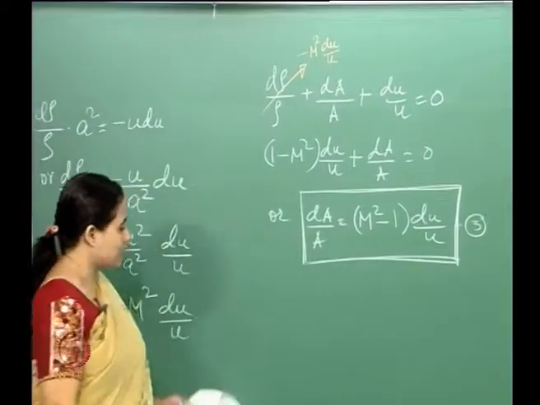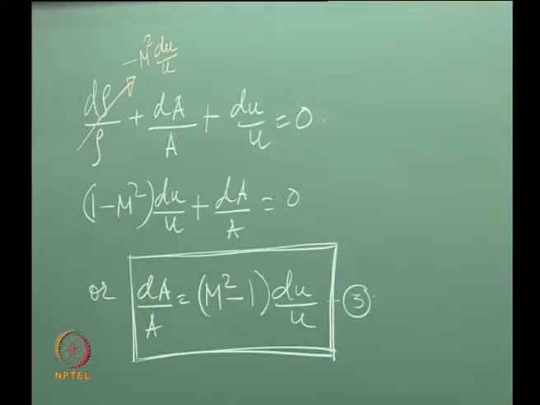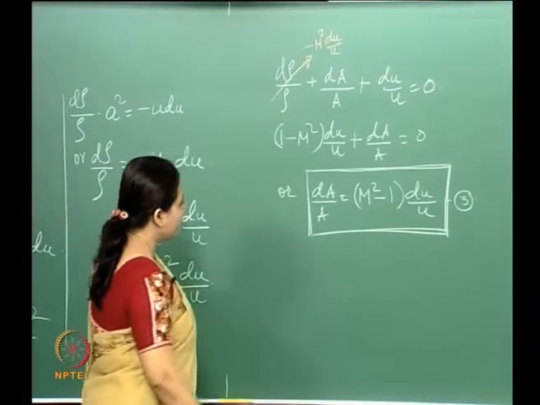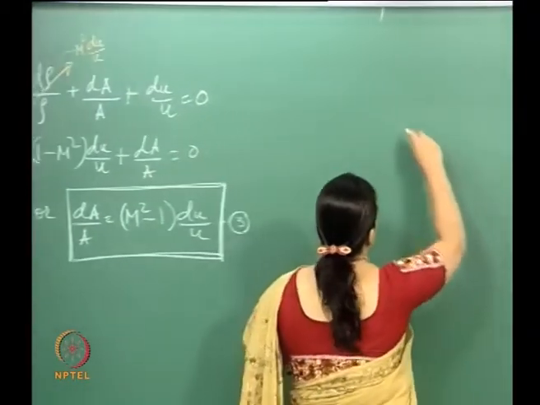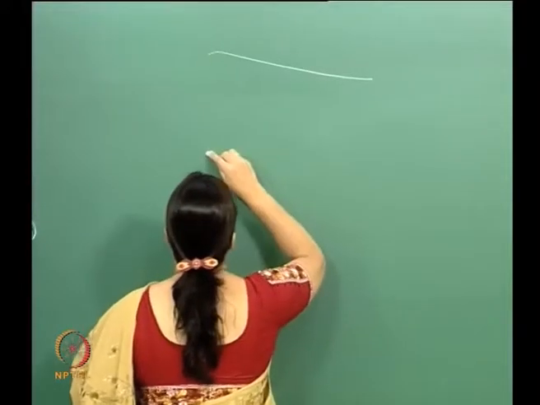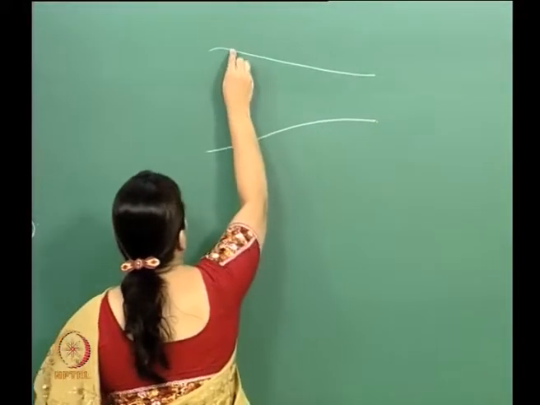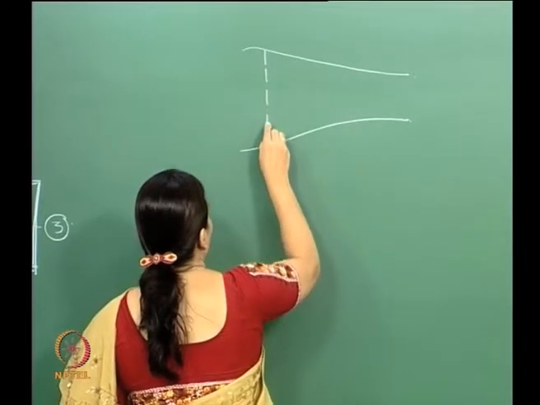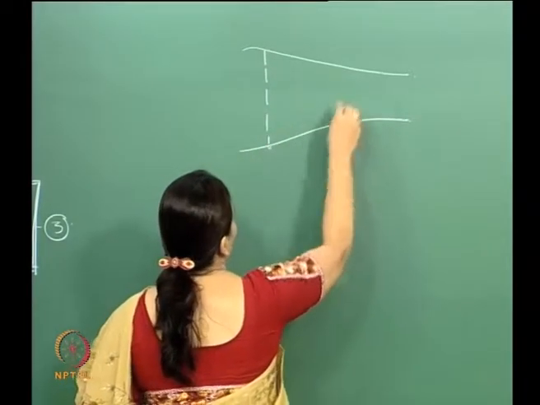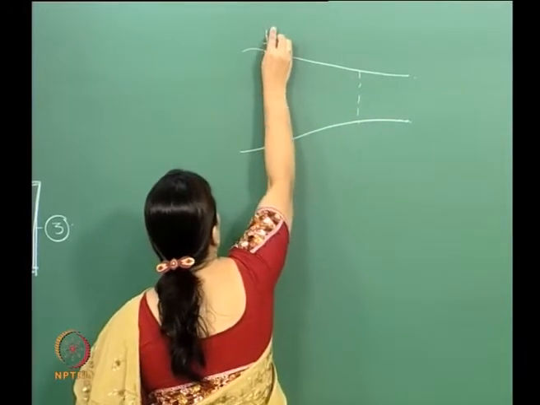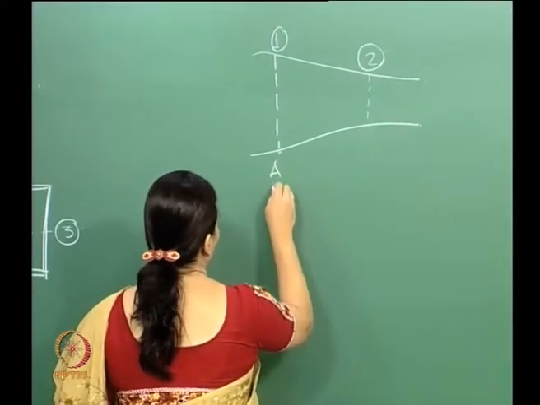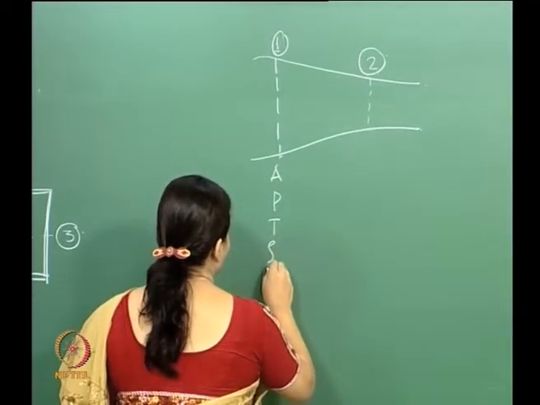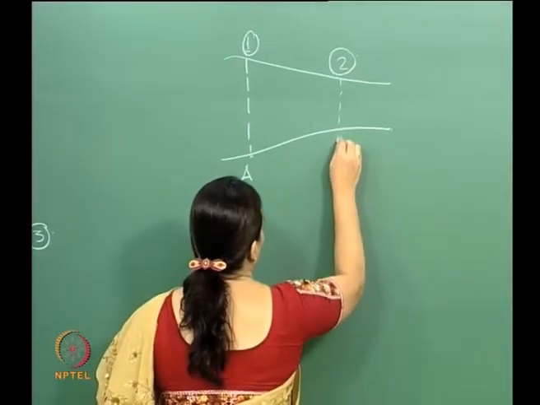Okay. All right. Now, again, let us go back to our continuity equation. Say this is a location, and this is another. So say this is location 1 and this is location 2, with area, pressure, temperature, density, velocity at each.